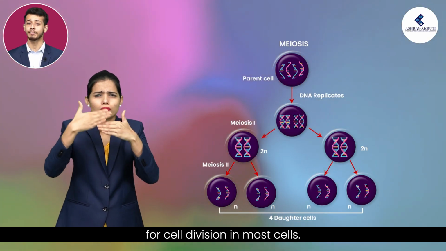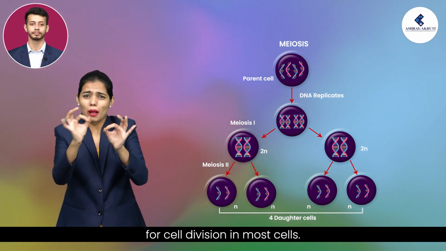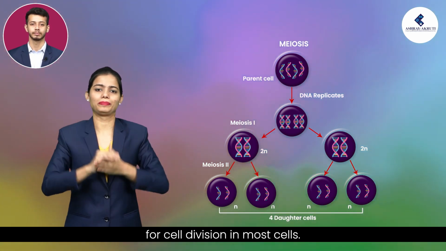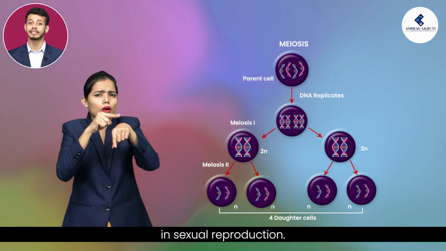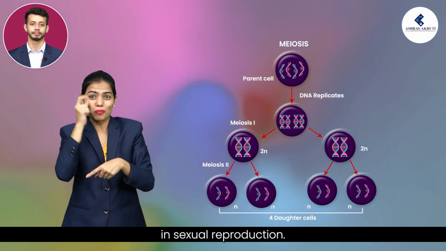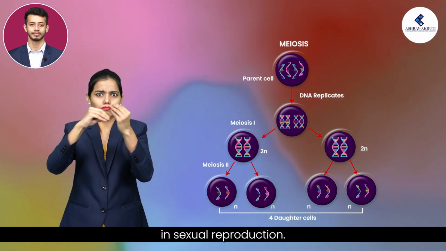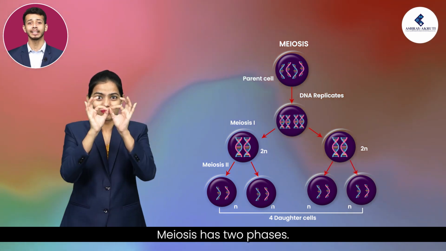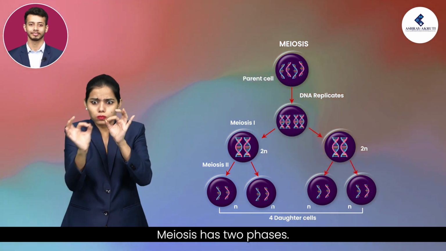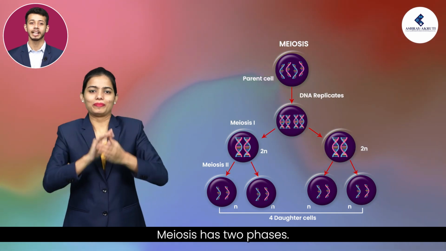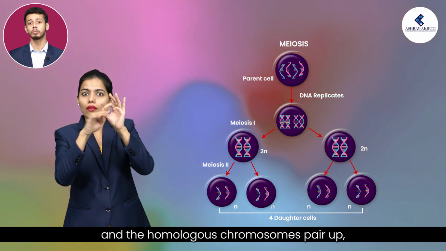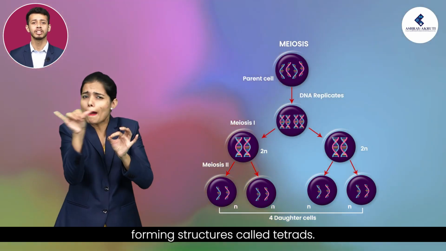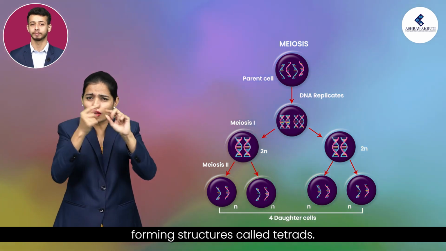Unlike mitosis, which is a continuous process for cell division in most cells, meiosis occurs only during the formation of gametes in sexual reproduction. Meiosis has two phases. In meiosis 1, the cell's DNA replicates and the homologous chromosomes pair up, forming structures called tetrads.